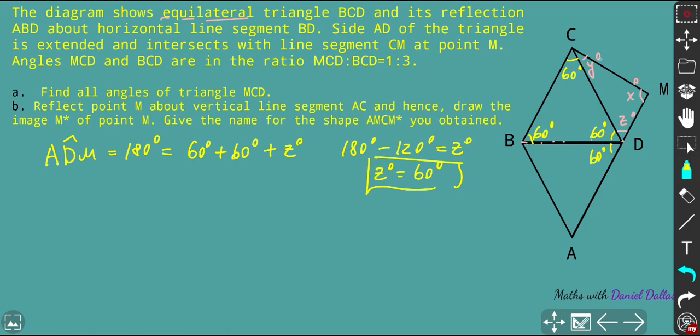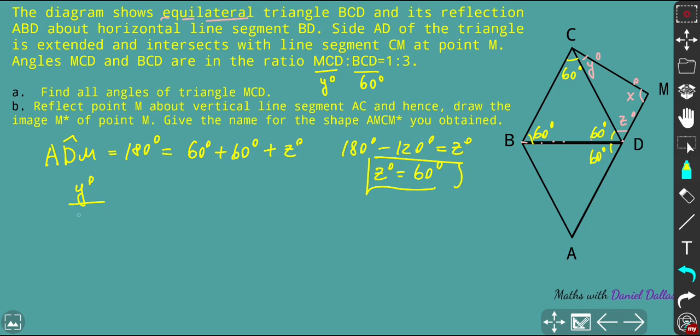So how to find angle Y? We are given the ratio of angle MCD to BCD. MCD is angle Y, and BCD is 60 degrees because this is the angle in the equilateral triangle. Let's build out this ratio.